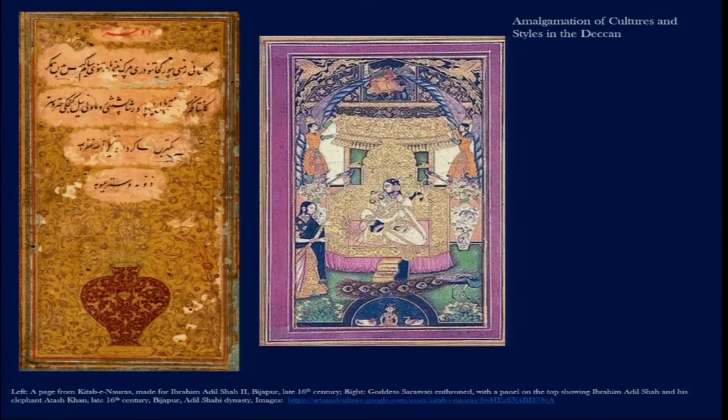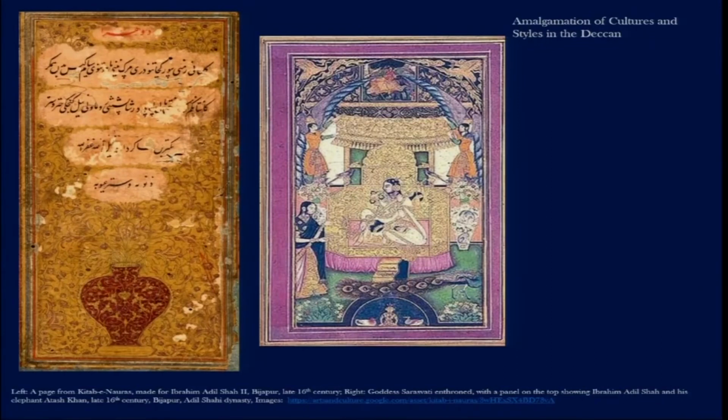Even though many manuscripts and paintings were produced, we will be looking at only a few to have a sense of how this cultural amalgamation, the amalgamation of different kinds of art styles as well as different kinds of knowledge, was taking place in the early modern Deccan.